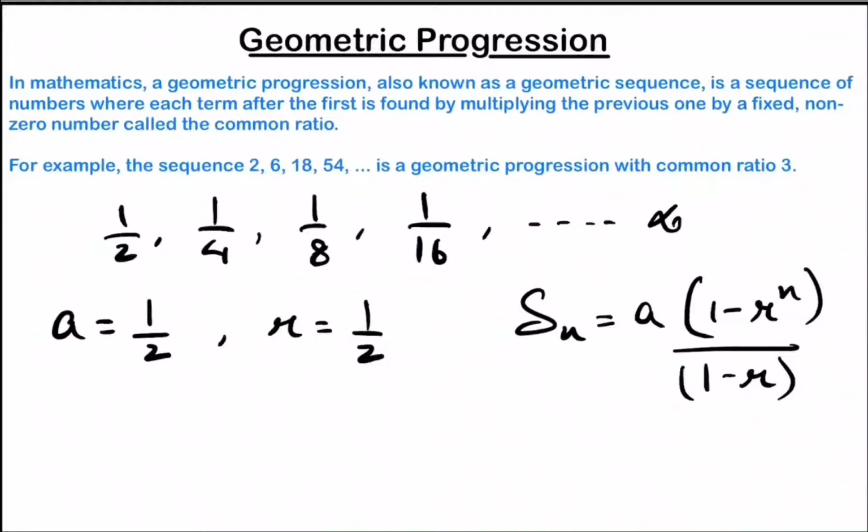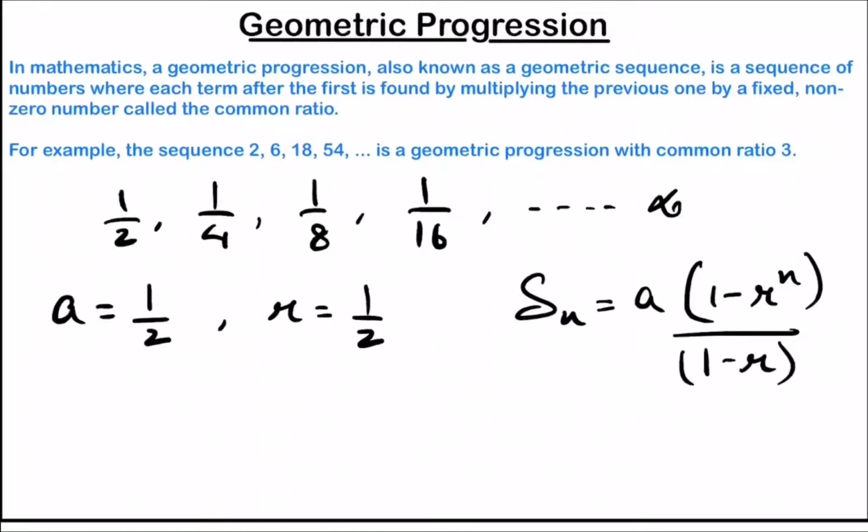Since in the equation there are infinite terms, n will tend to infinity. Now the magnitude of r over here is less than 1, and if we increase the power of such a number, then it will tend to 0, and therefore Sn will be equal to a upon 1 minus r.